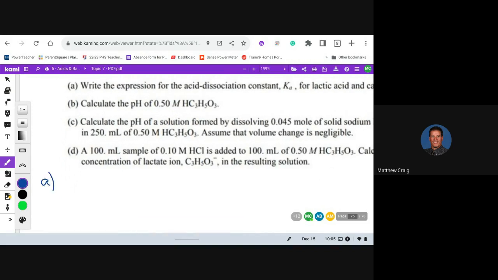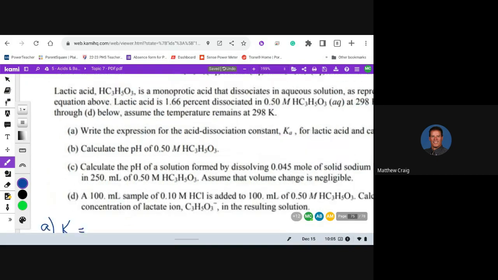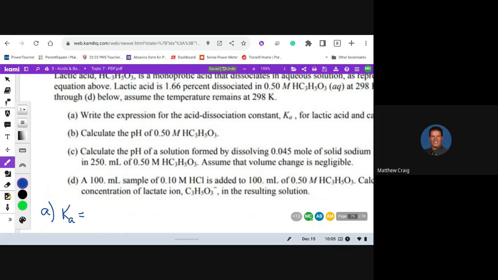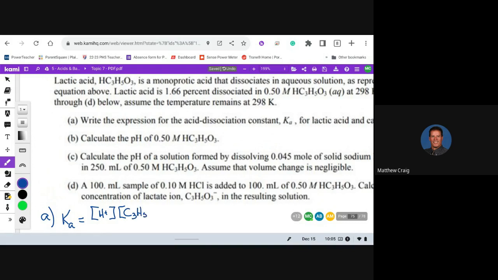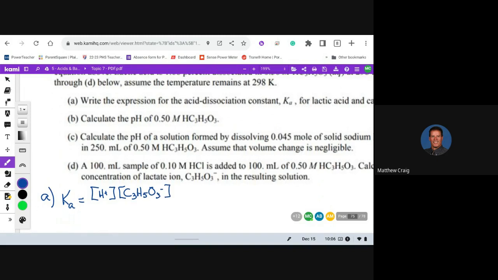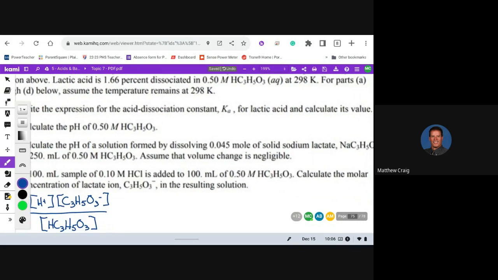So the Ka, and also calculate its value.